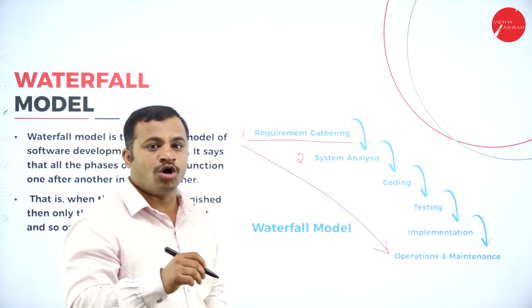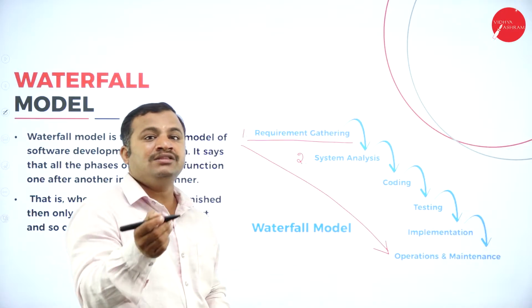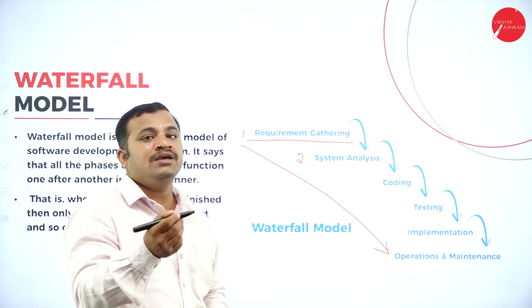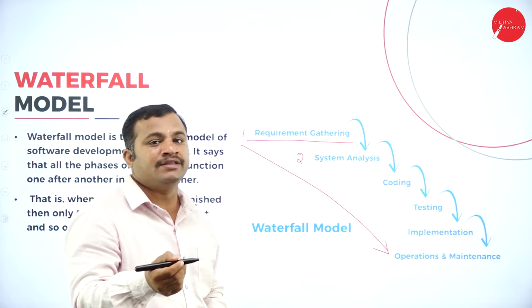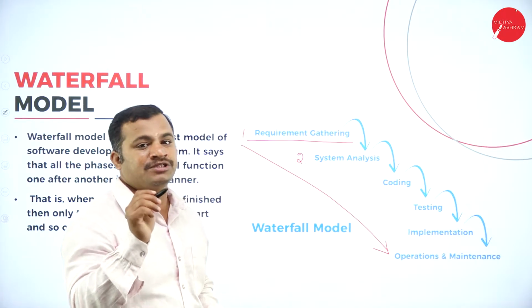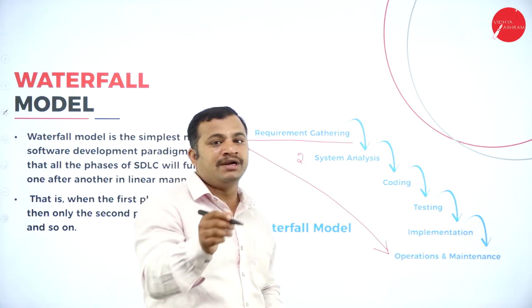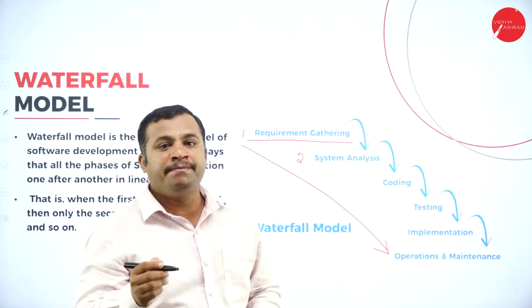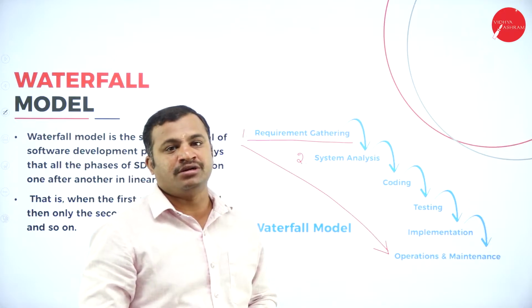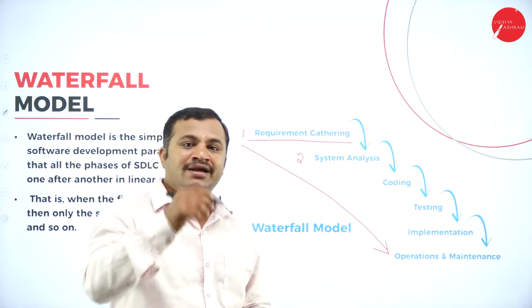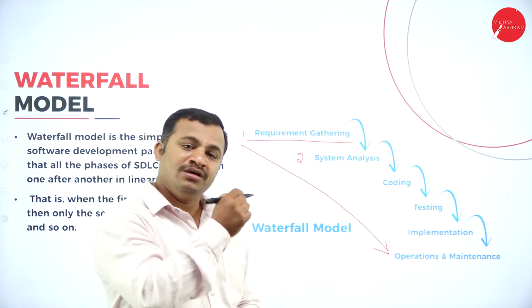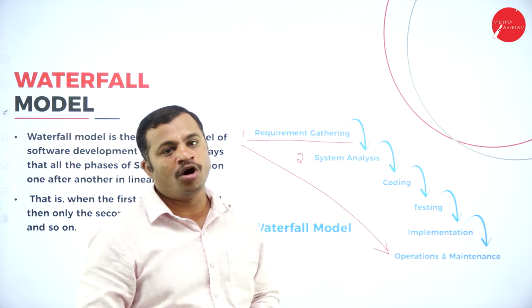System analysis also includes designing the system. The designing of the system is represented in the form of a pictorial representation. What is required for a client is going to be designed in that form. Both analysis and design are carried out in the second phase of this waterfall model.